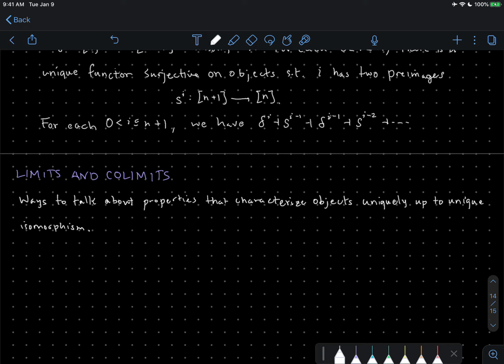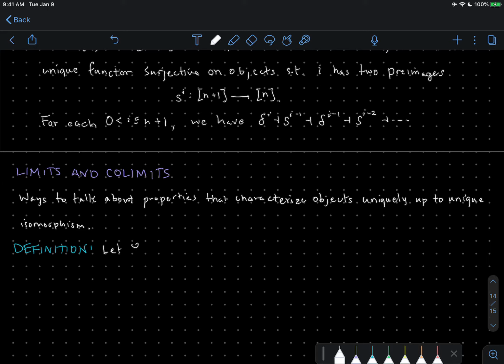Going along with the philosophy of category theory, we don't actually want to consider objects that are purely unique, but rather we want to allow them to be unique up to isomorphism, but really we would want there only to be a unique isomorphism between any two such objects with this property. So our first encounter is with the most basic types of limits and colimits.